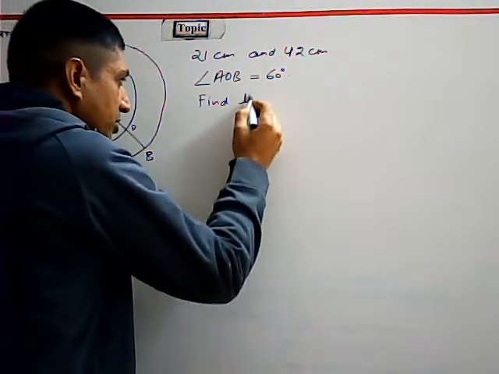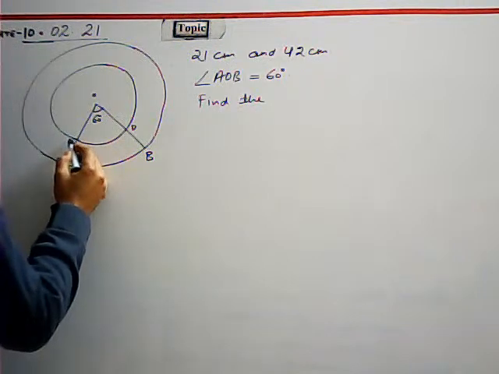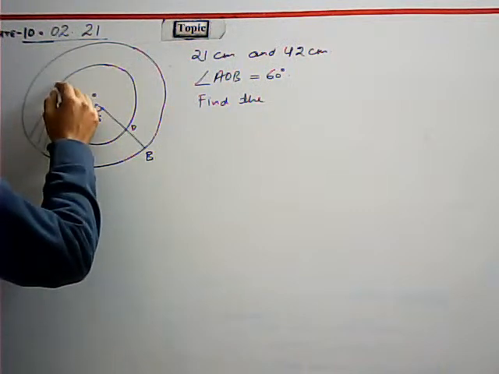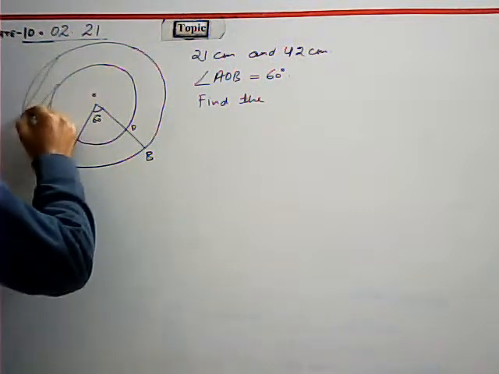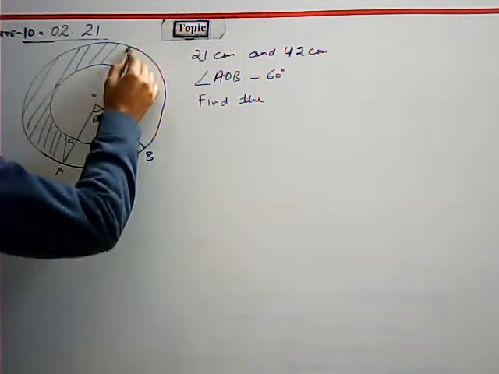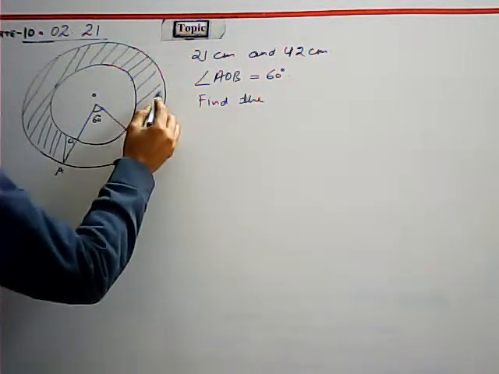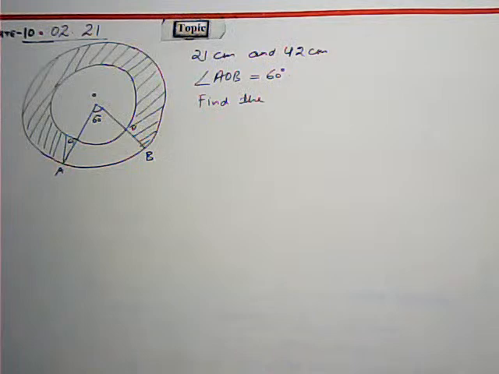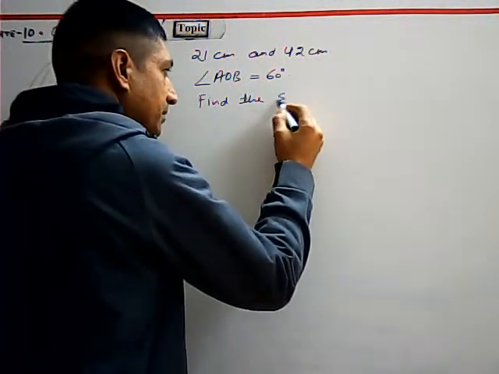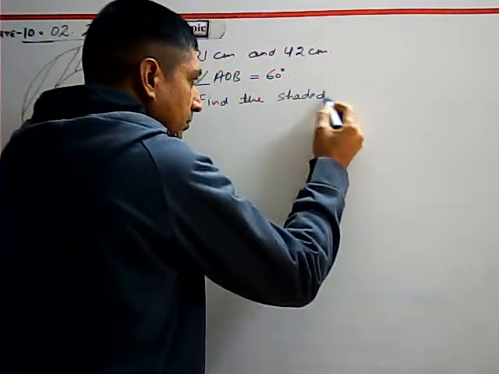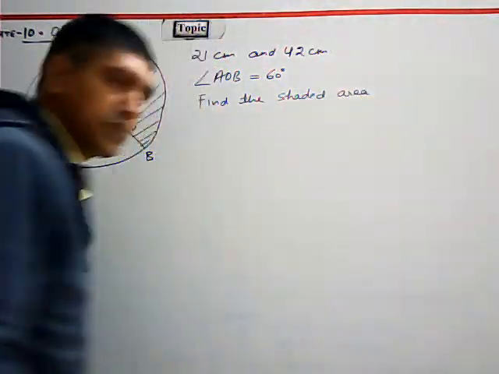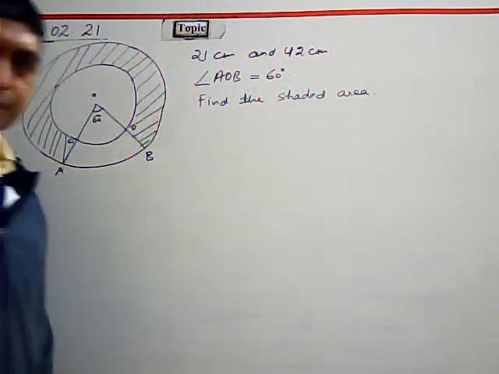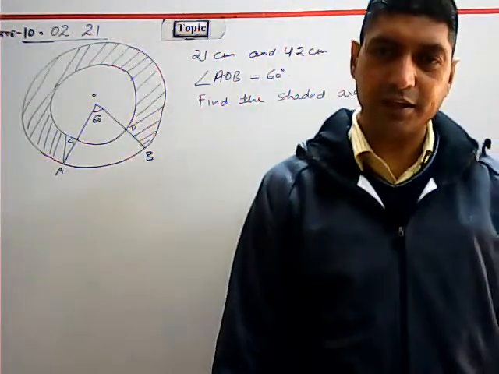Shaded area is here. So we know how to find the area of the sector also, right? So how to find the shaded area here?